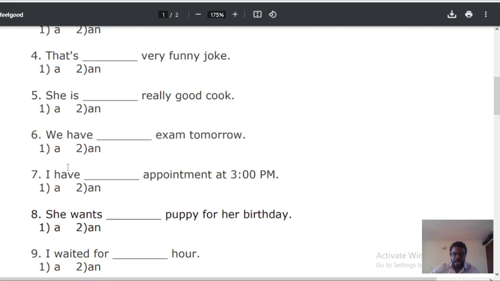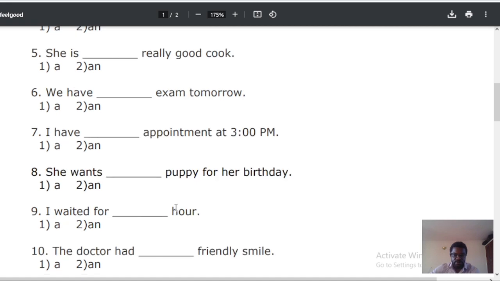Number 7, I have an appointment at 3 p.m. Suppose this A is a vowel, so we use an appointment. Number 8, she wants a puppy for her birthday. A, because P is a consonant.